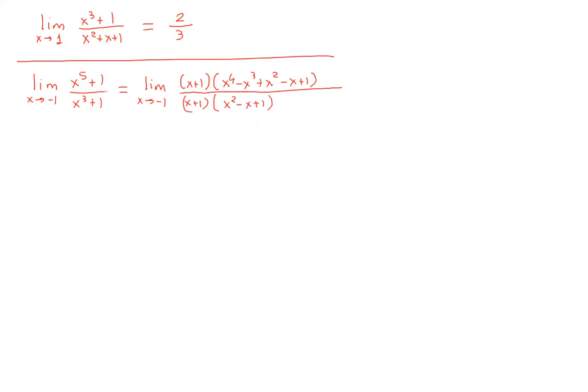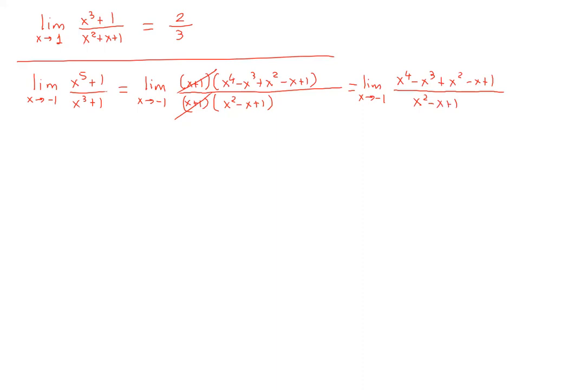We have this very agreeable cancellation, and we get the limit as x tends to -1 of x to the 4th minus x cubed plus x squared minus x plus 1 over x squared minus x plus 1.